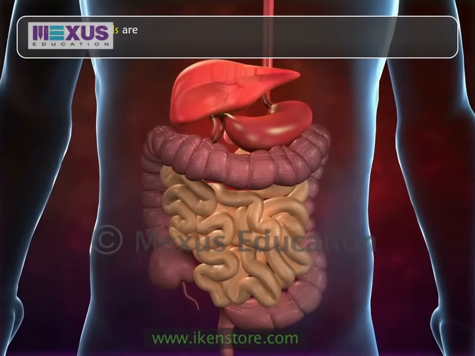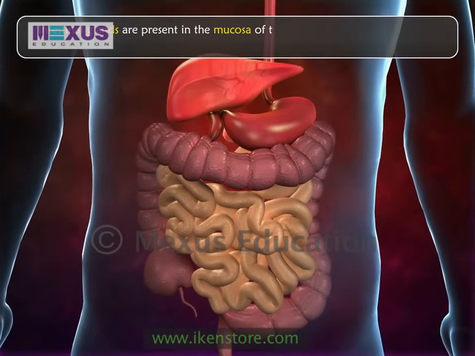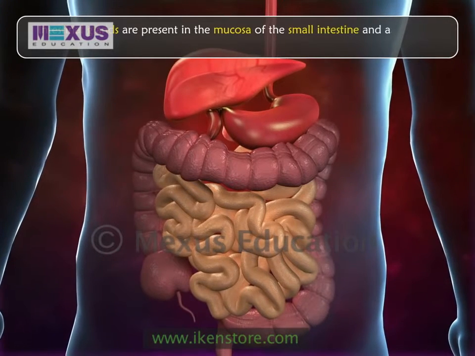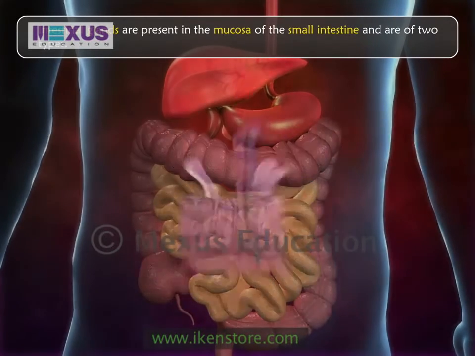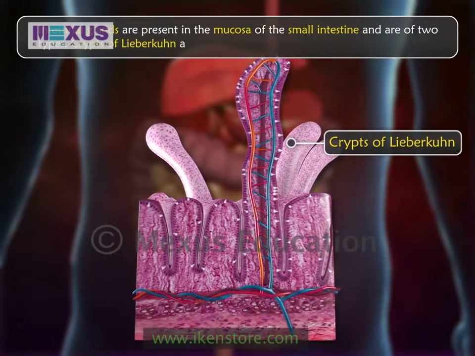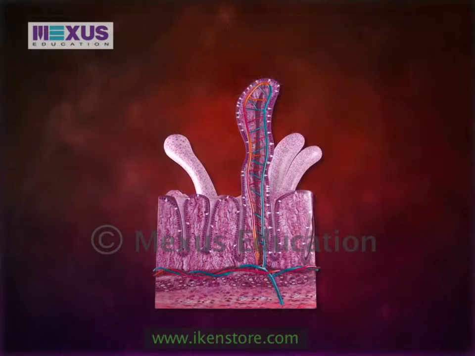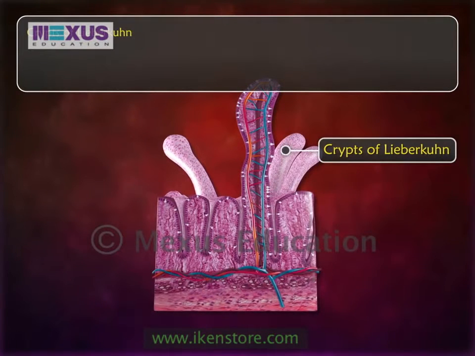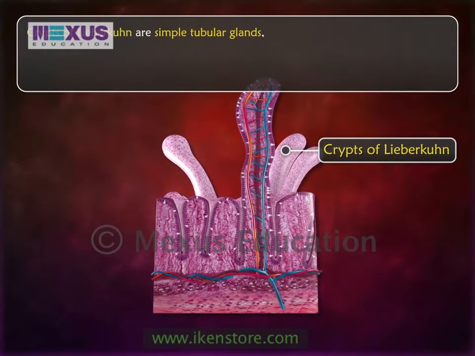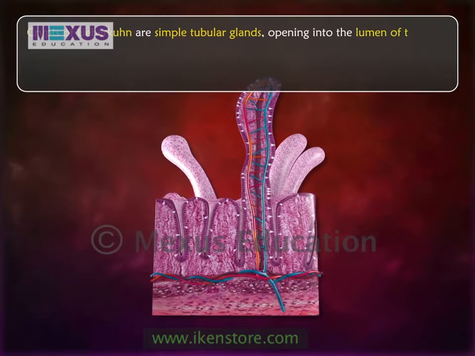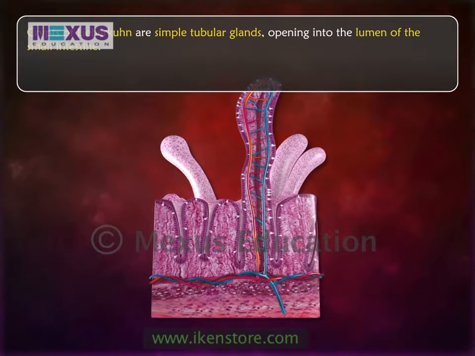Intestinal glands are present in the mucosa of the small intestine and are of two types: crypts of Lieberkühn and Brunner's glands. Crypts of Lieberkühn are simple tubular glands opening into the lumen of the small intestine.